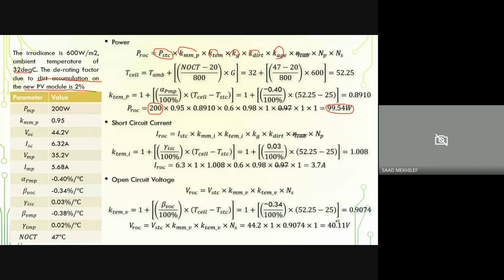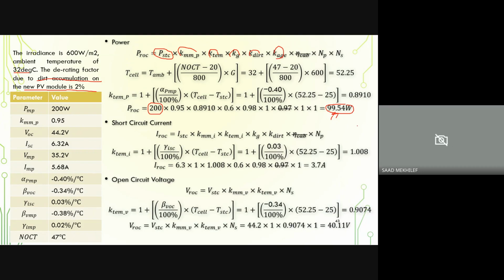If you calculate all the derating, most of the time a 200 watt module will actually give less. In the best case scenario, if the area is clean and the temperature is low, maybe you can get 150 watts. But this is what actually happens.